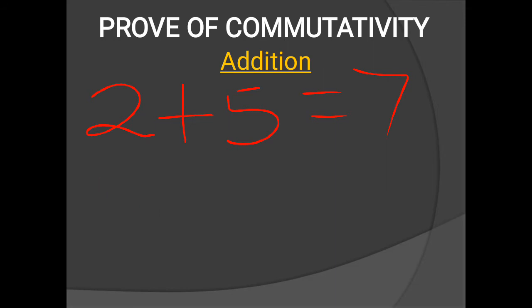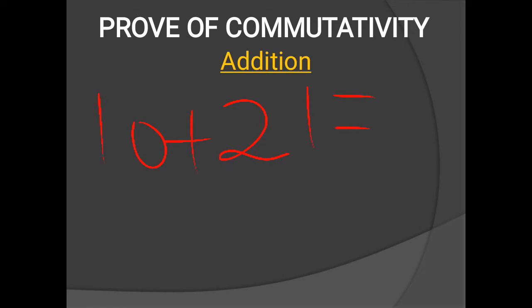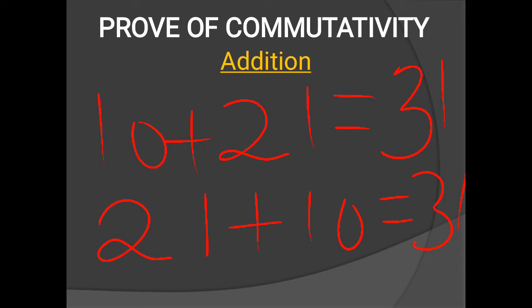In all cases, with addition, it is always the same. Let's say I have 10 and 21. 10 plus 21 gives me 31. If I interchange the positions, 21 plus 10 still gives me 31. You can use a lot of numbers and you will get the same answers. This is why we are saying addition is commutative.